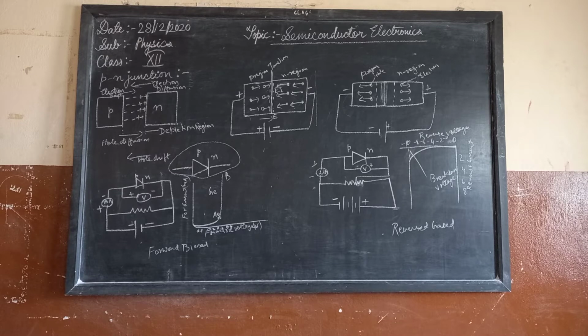Formation of the depletion layer in the p-n junction. In N-type semiconductors, the concentration of electrons is more than that of holes. Why? Because there is no hole, there is a sufficient amount of electrons present in the N-type category.